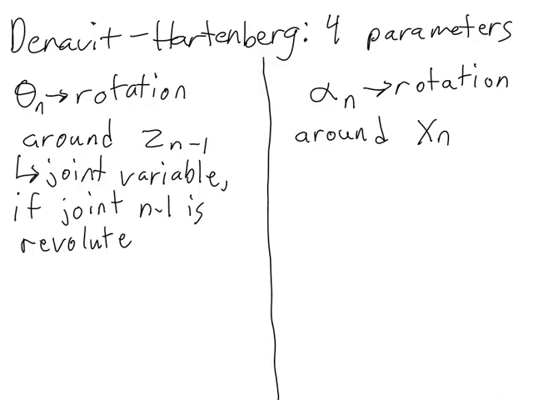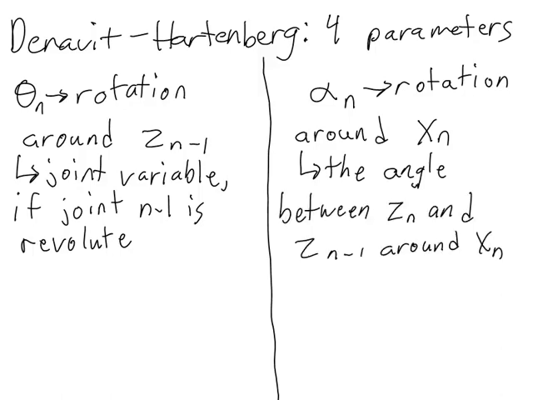Alpha n, the rotation around Xn, is the angle between axis Zn and axis Zn-1 measured around the axis Xn.